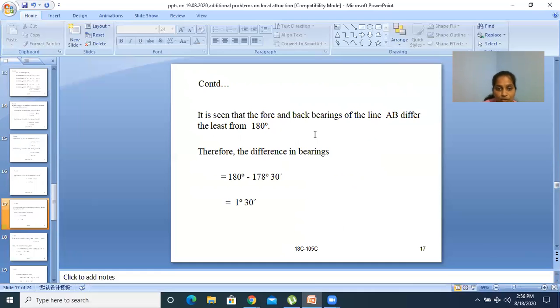Therefore, the difference in bearings is 180 minus 178 degrees 30 minutes, so it is 1 degree 30 minutes. So the AB line has the least difference between the forebearing and back bearing, that is 1 degree 30 minutes.